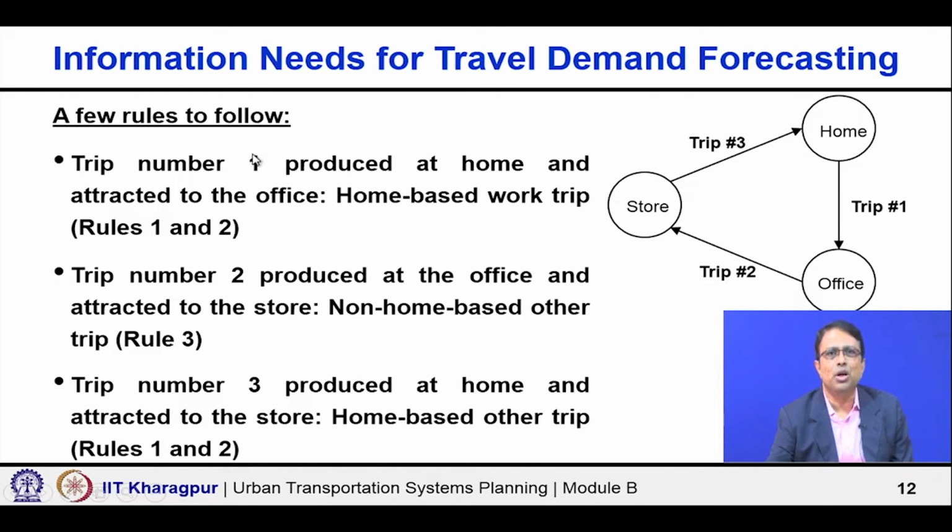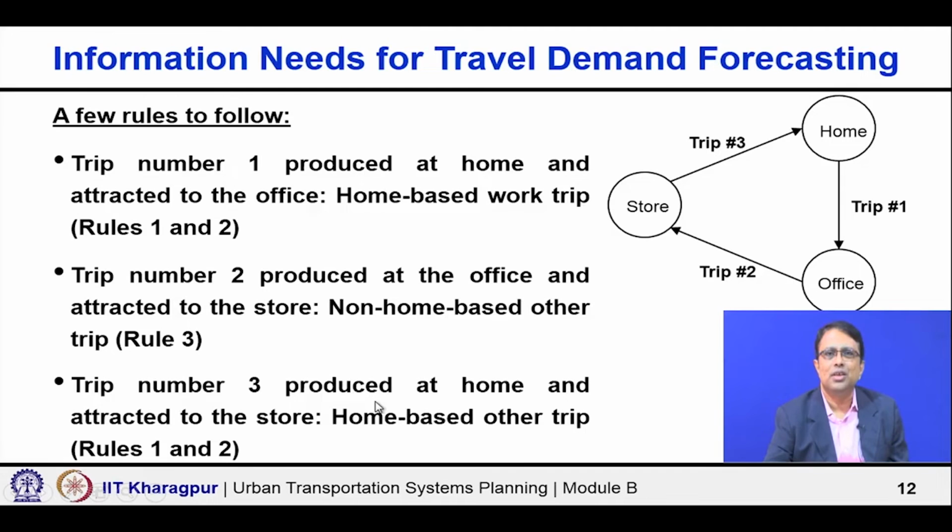So, trip number 1, we say, produced at home and attracted to office. So, it is basically home based work trip, right, as per the definition. Trip number 2, produced at the office and attracted to store. So, this is non home based other trip, because neither end is the home end.